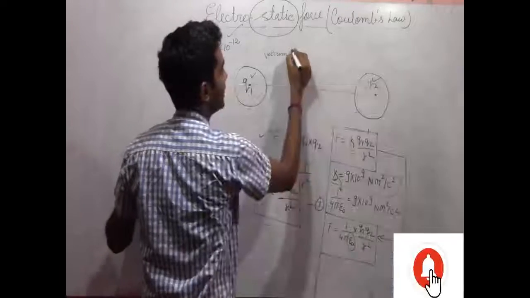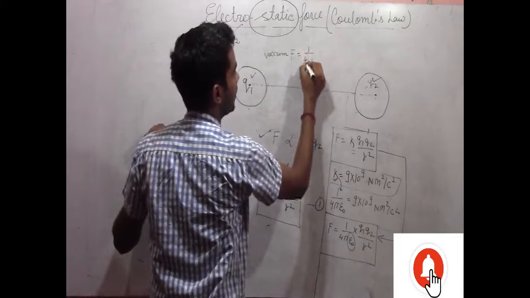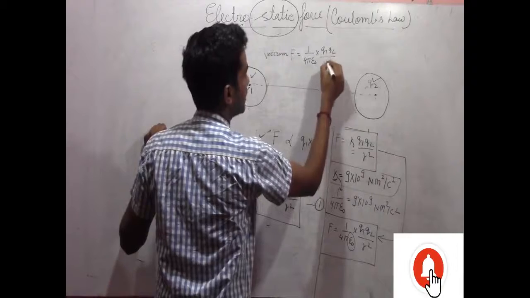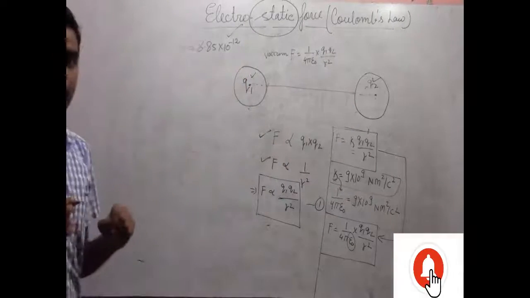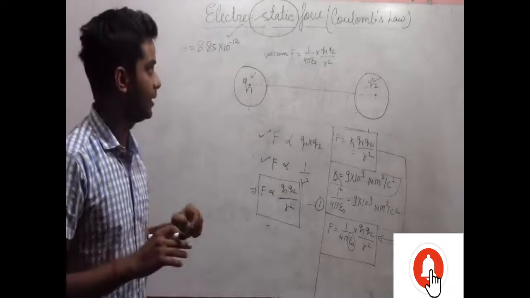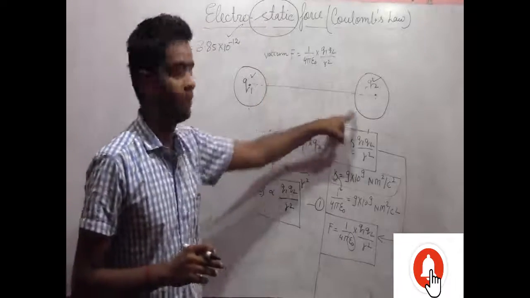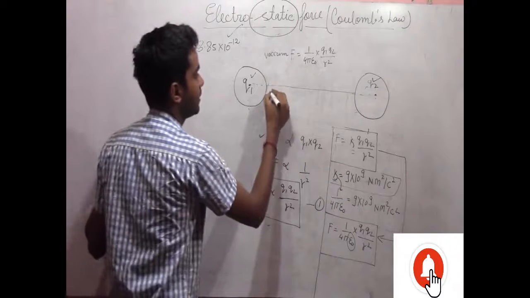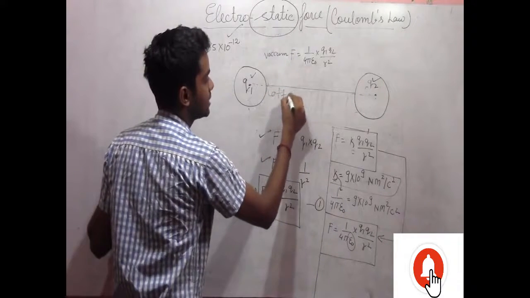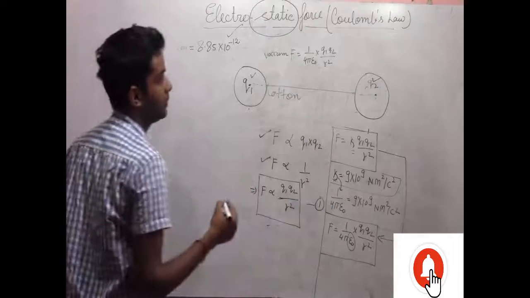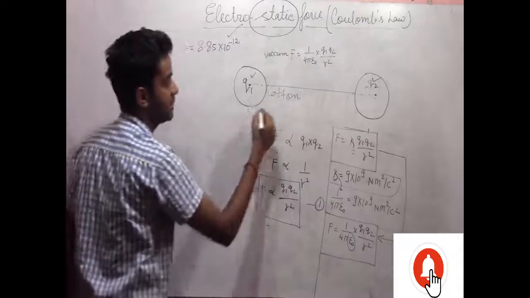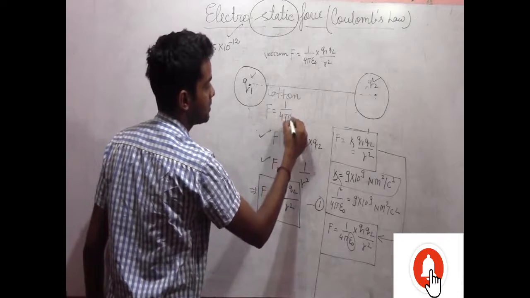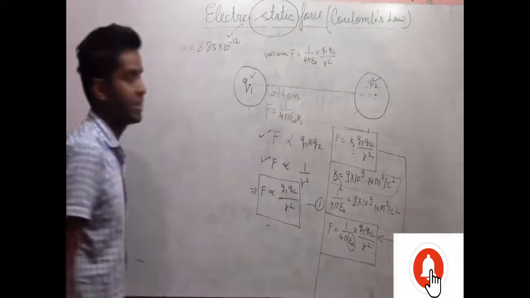You will say F is equal to 1 by 4 pi epsilon naught Q1 Q2 by R square. And if you change the medium from vacuum to cotton, then what will be the force between these charges? Then you may write F is equal to 1 by 4 pi epsilon naught. You will use a constant K.